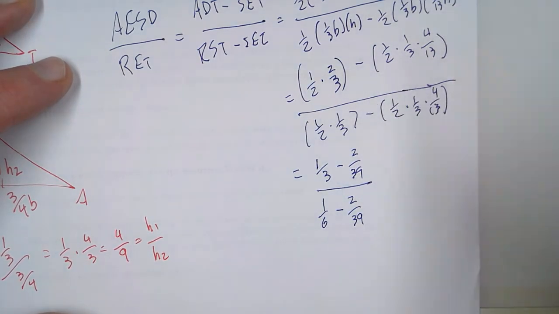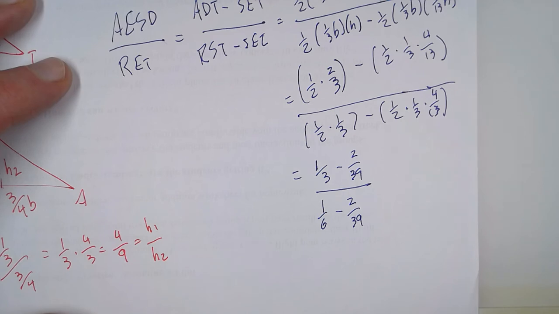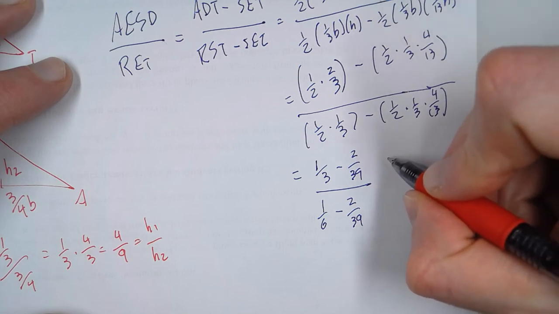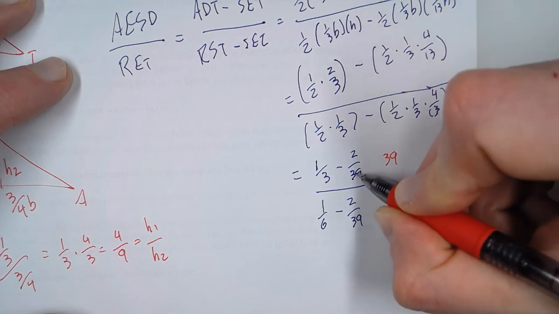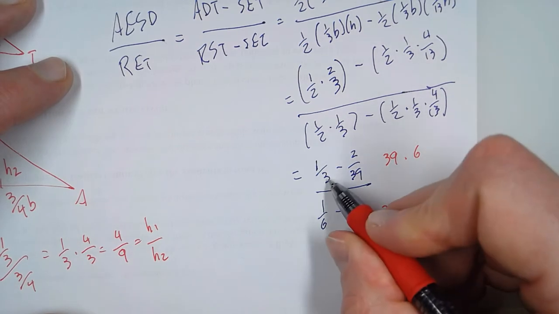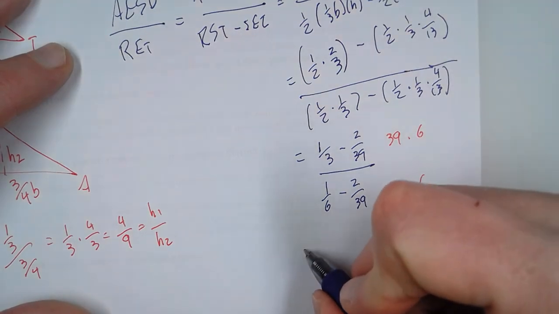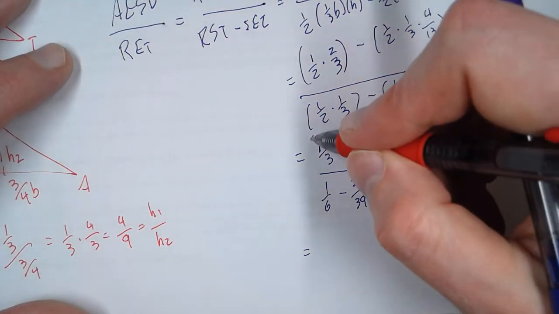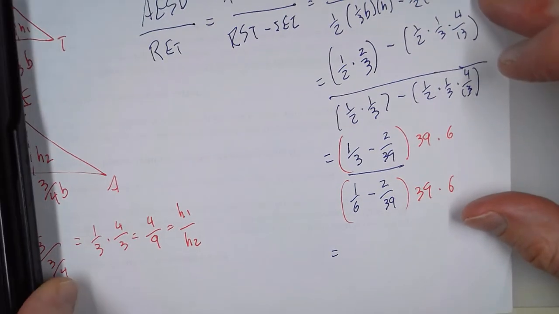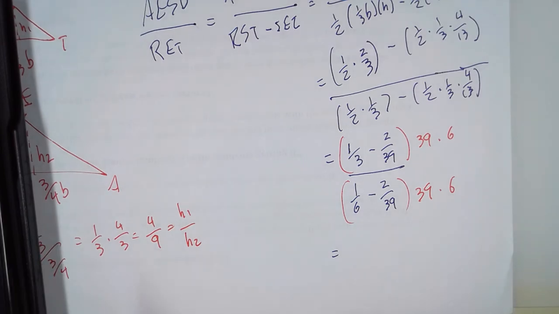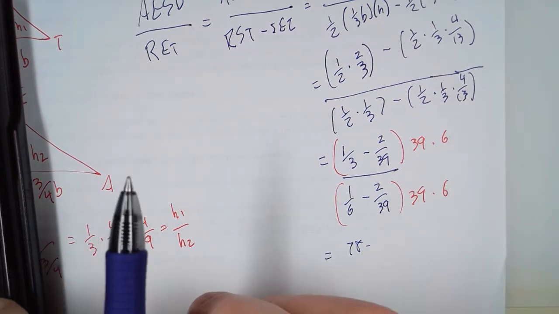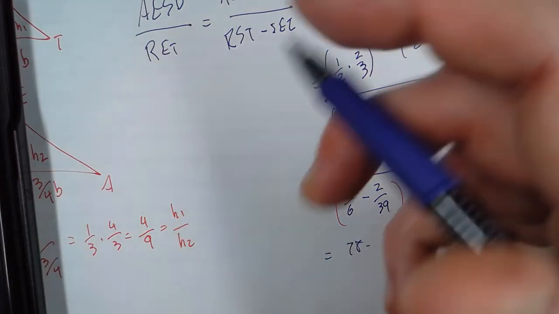Okay. So to make this easier on us, we're just going to multiply our fractions away. We're going to multiply the top and the bottom by 39 and 6, to get rid of those fractions, because 6 will get rid of both this and this. So that whole quantity on top is multiplied by 39 and 6. So 39 times 6 divided by 3 is 78. 39 times 6 times 2 divided by 39 is 12.